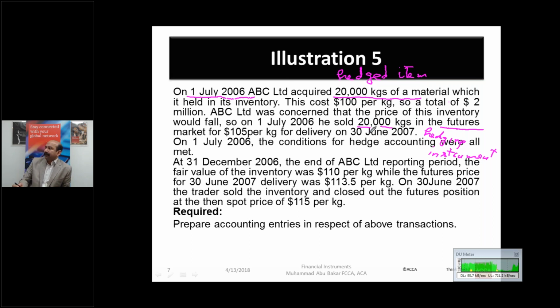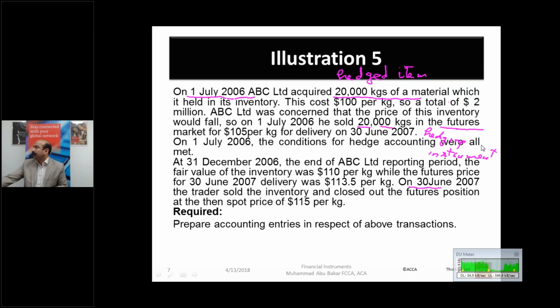So what will happen? Before year end we closed it. On 31st December we started this, and then it was closed on 30th June 2007. Okay, so there are basically two markets.